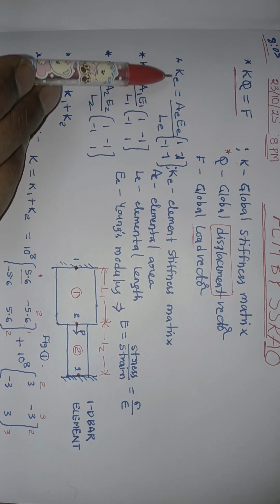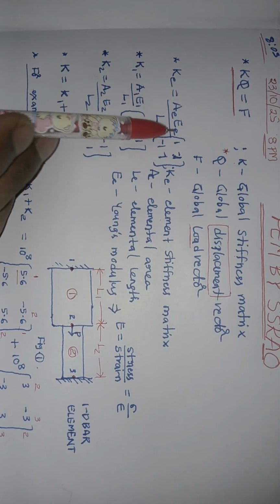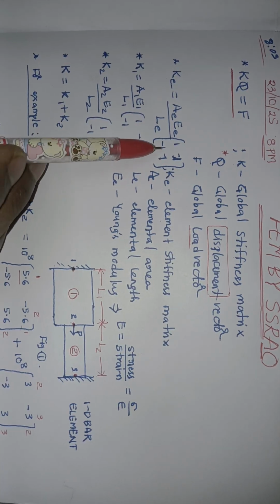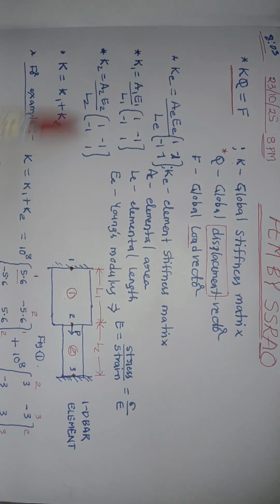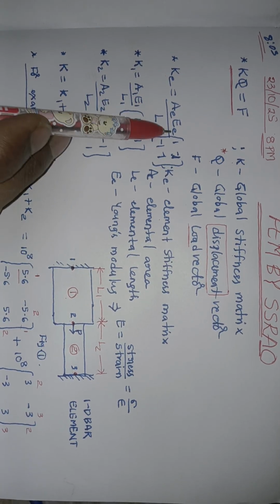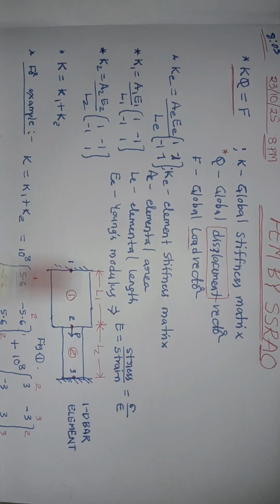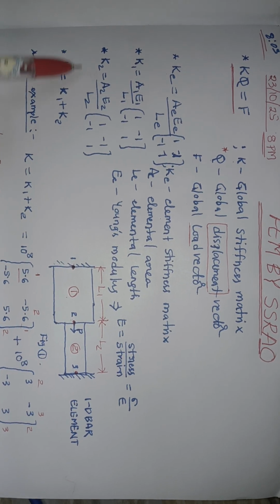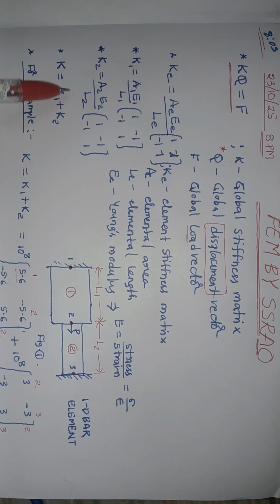Okay, so here k = (AE/L) [1 -1; -1 1]. For element 1 you can write 1 in place of e, for element 2 you can write 2. If more elements are there, then for k3 you can write A3, E3, L3.